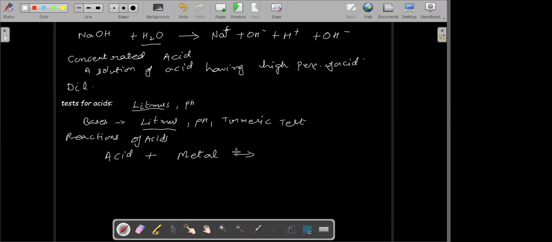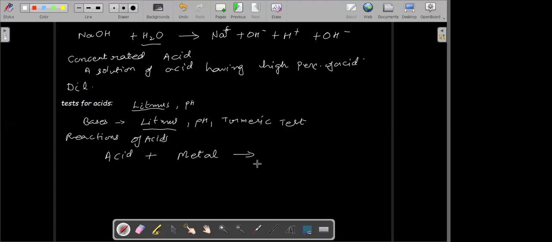So salt and hydrogen are formed. So acid with metal gives us salt plus hydrogen gas.